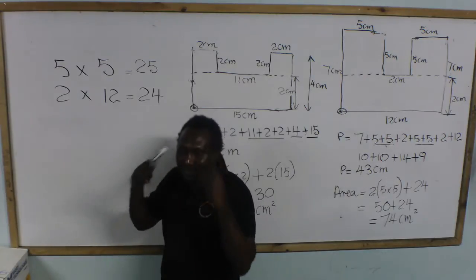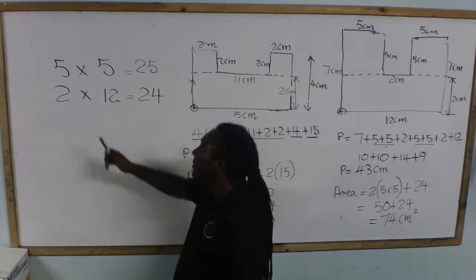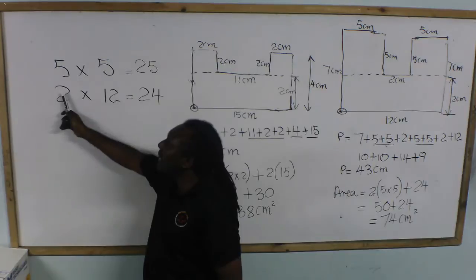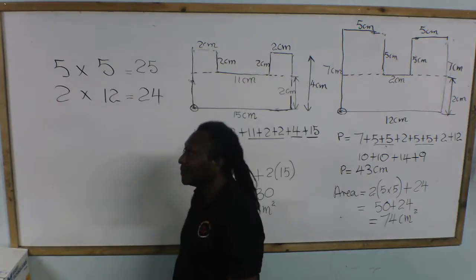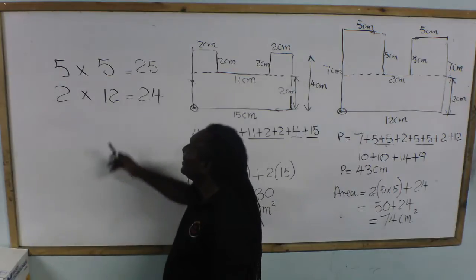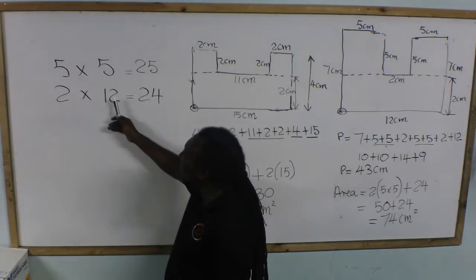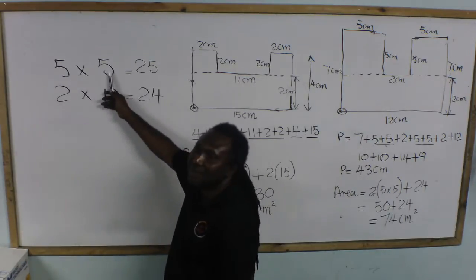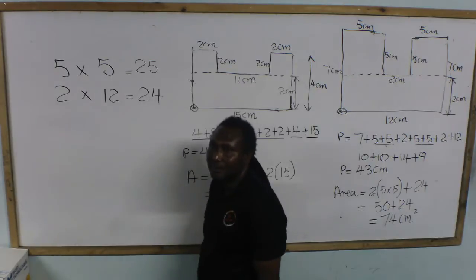And what I was saying is that we would check it mentally. 5 is 2.5 times 2. Yet still, this 12 is not as much as 2.5 times this 5.